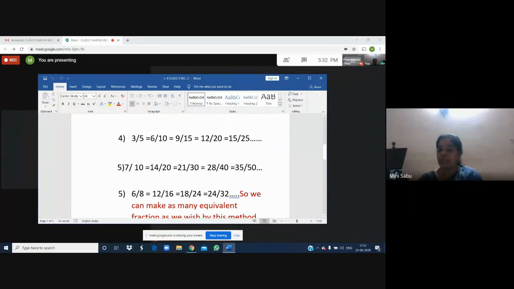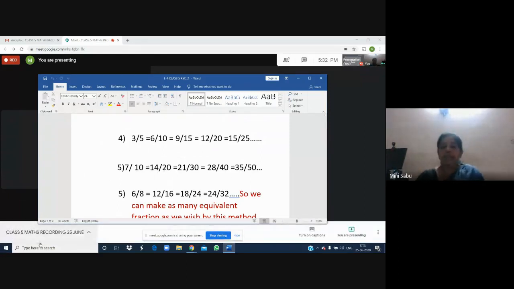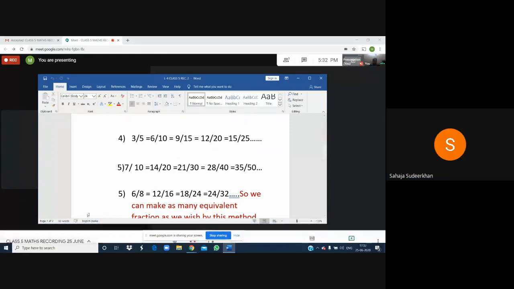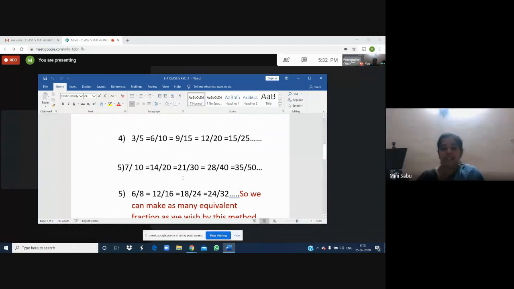7 and 14, what is the relationship? 7 2s are 14, so 10 2s are 20. Is it correct? Yes. Then 7 by 10 and 21 by 30: 7 3s are 21, 10 3s are 30, multiplied by 3.